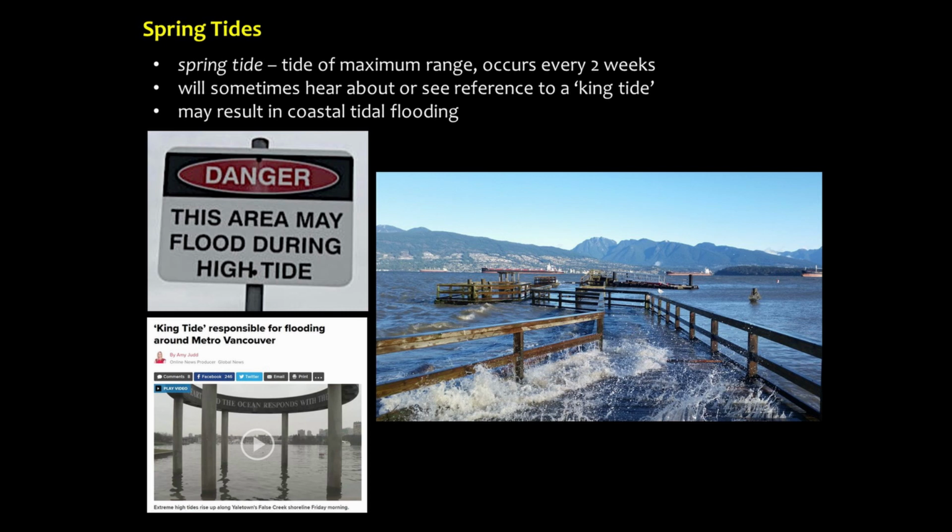We have normal and high levels of water, and then we have a storm coming through. It can actually increase the level of water and cause quite often some quite extensive coastal flooding. So spring tides, sometimes referred to as king tides as well, can be of concern to city officials, people, anyone who lives or works around a coastal community.